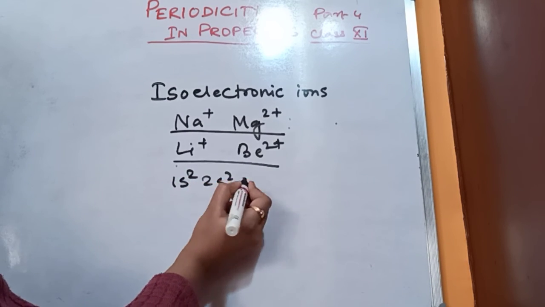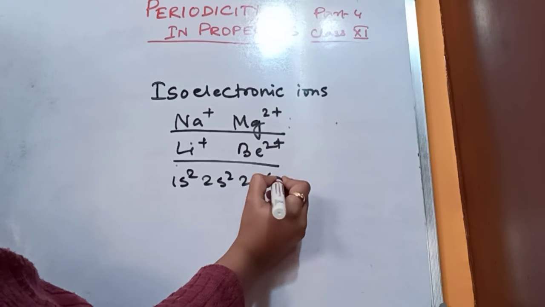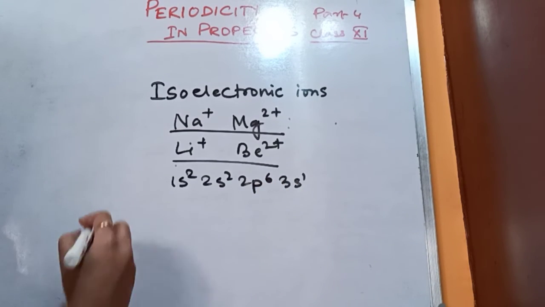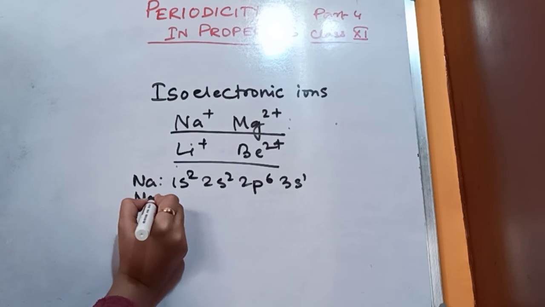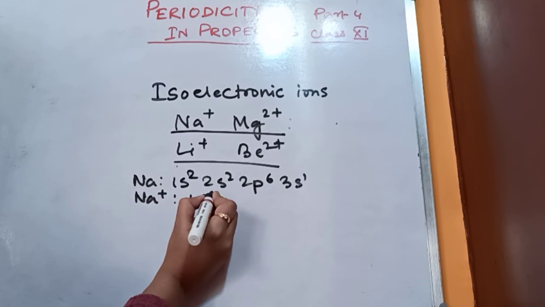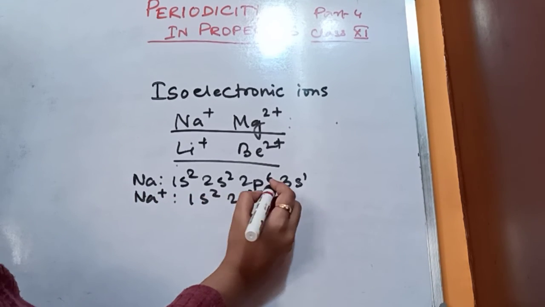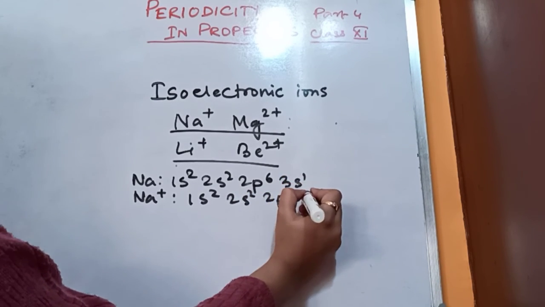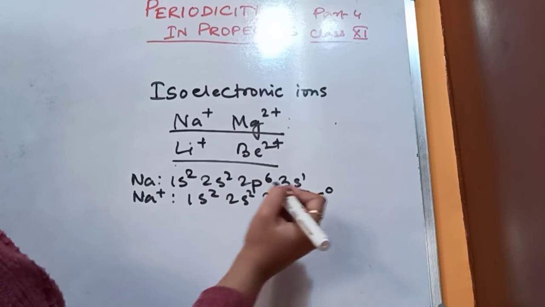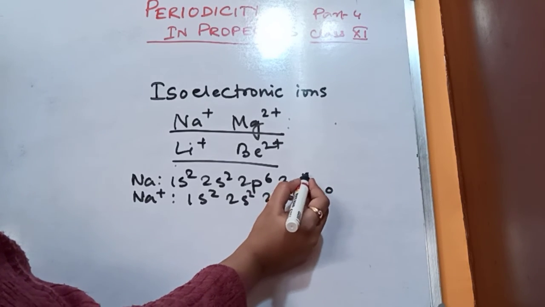1s2, 2s2, 2p6, 3s1. This was of sodium. But Na+ will have 1s2, 2s2, 2p6, and I can write 3s0, because one electron from the last shell has been removed.